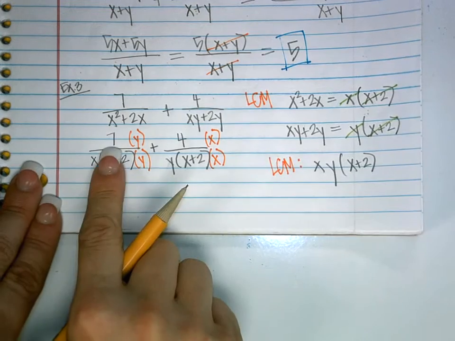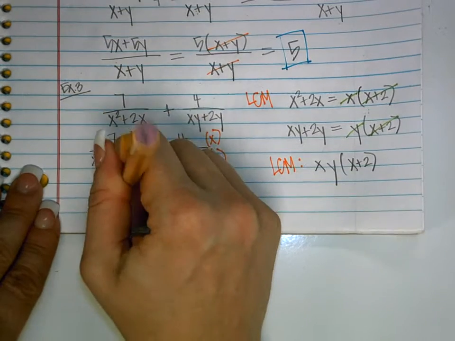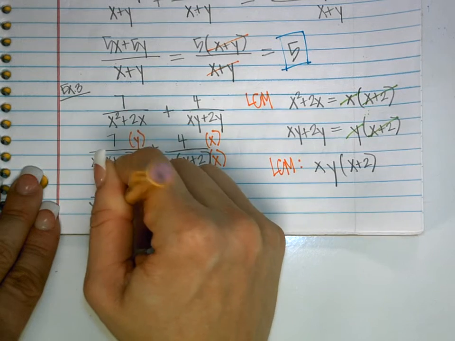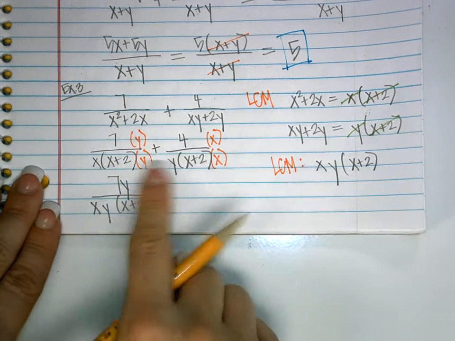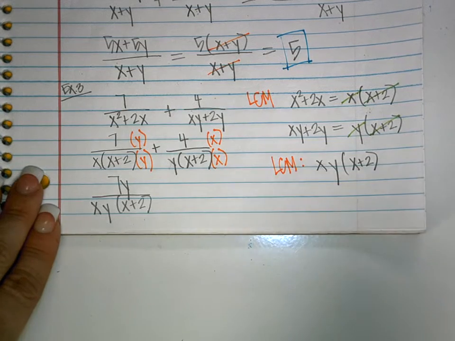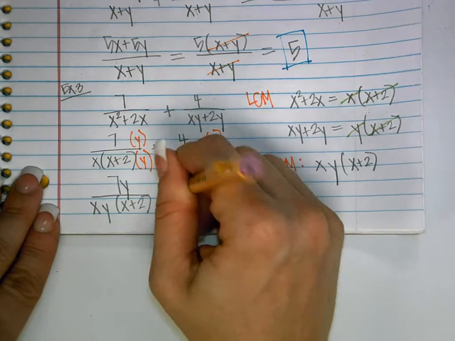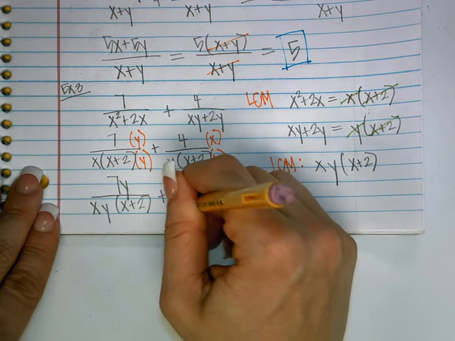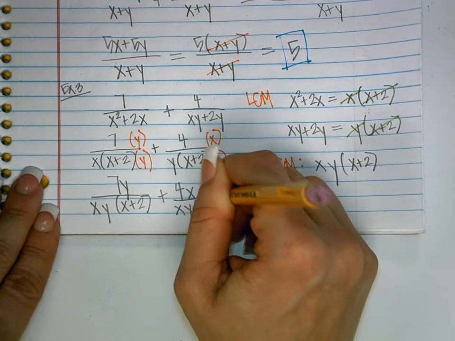Now, if you multiply 7 times y, it gives you 7y over x times y times (x plus 2). Now, I want to reorder that just because it makes more sense to put single variables at the beginning. Plus 4x, because I multiplied, over x times y times (x plus 2).